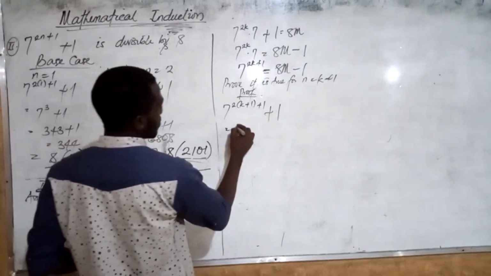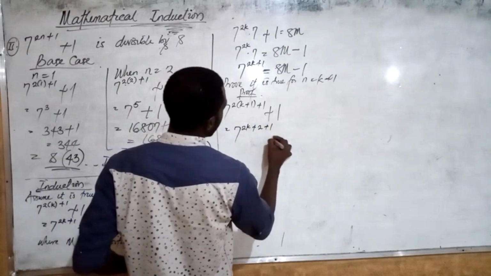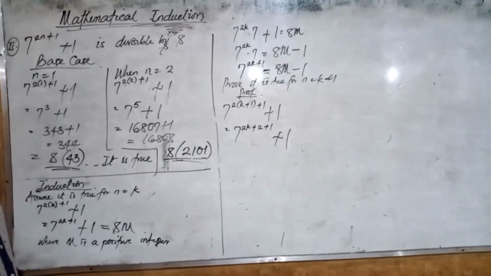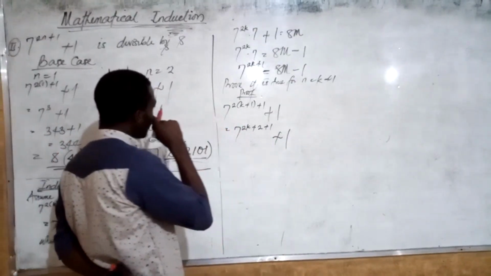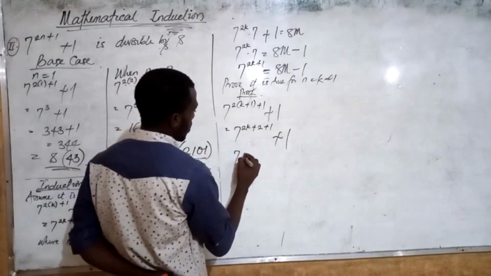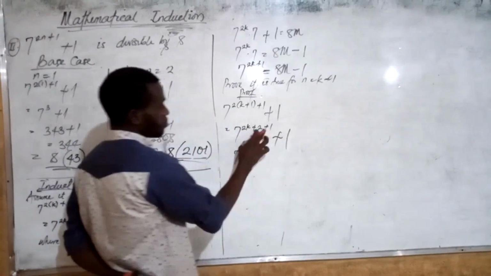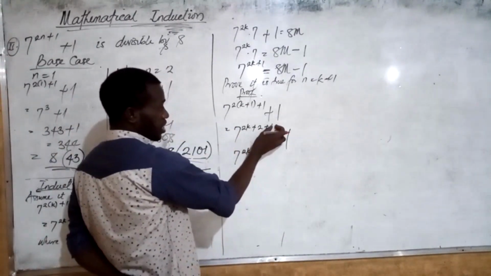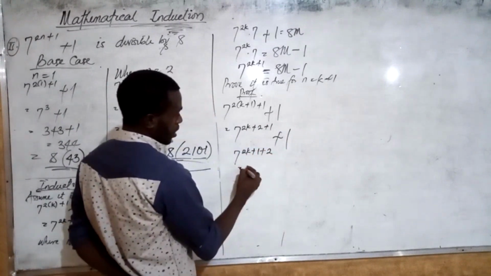So that we have 7 raised to the power 2k plus 2 plus 1, all plus 1. We can bring out 7 raised to the power 2k from there. Let's bring this plus 1 forward, so we have plus 1 and plus 2, so that all plus 1.